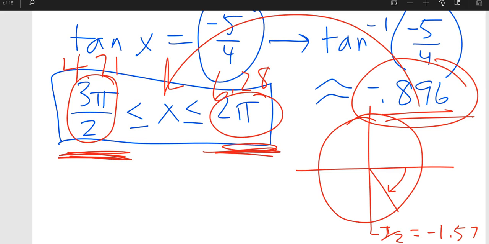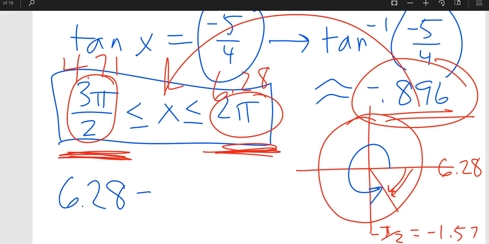What do you think? Okay, so let's call this 6.28. What are you going to do to get down to that angle measurement, which would give me the one that I'm looking for, which is this one right here? What would I do to the 6.28? Say it louder.